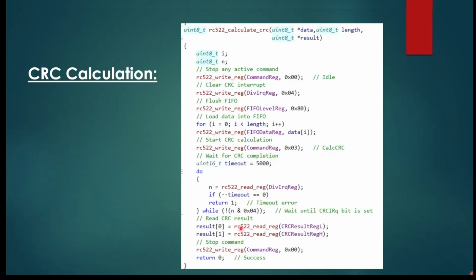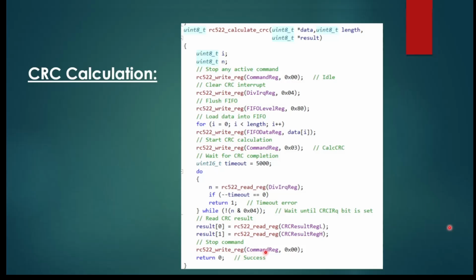So then I do two reads, one from the CRC result register low and one from register high, which I'm going to call result 0 and result 1. So this is the least significant and the most significant parameters. And then I send the whole card back to idle so I can continue to use it.